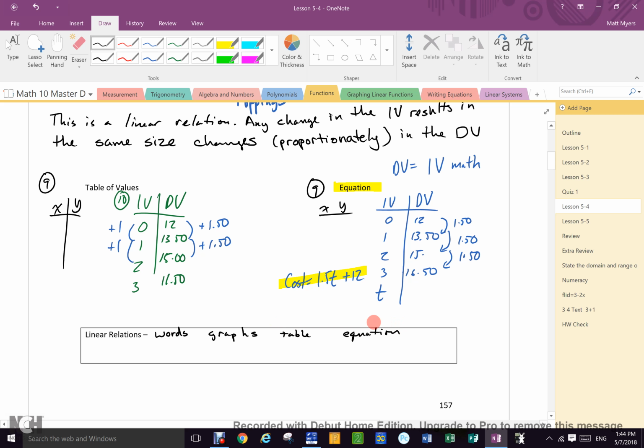And they all share IV and DV. It all comes down to that. In grade 9, it was X and Y. Is everybody cool to here? Okay, turn the page over.